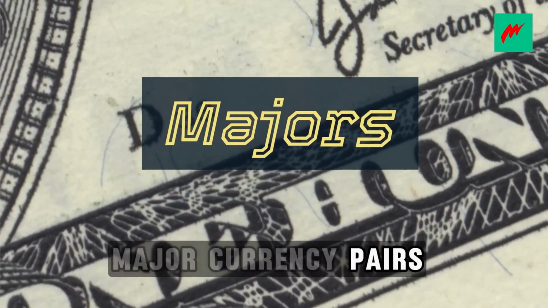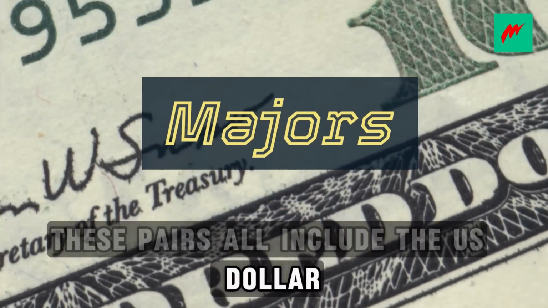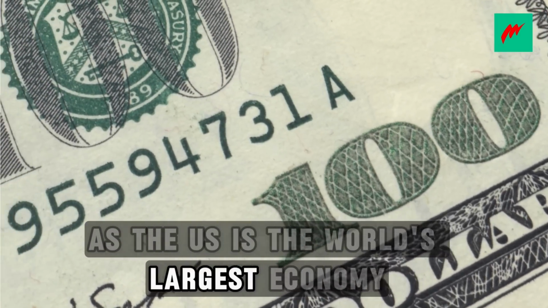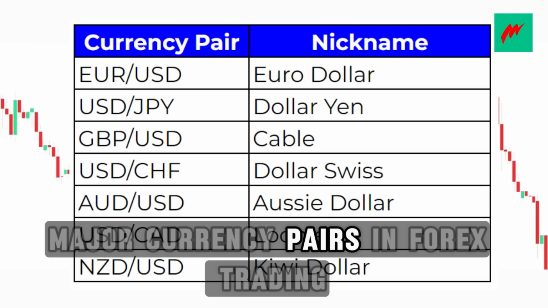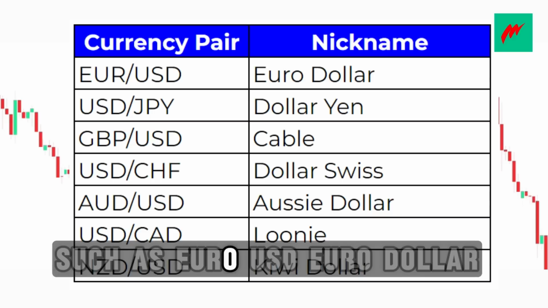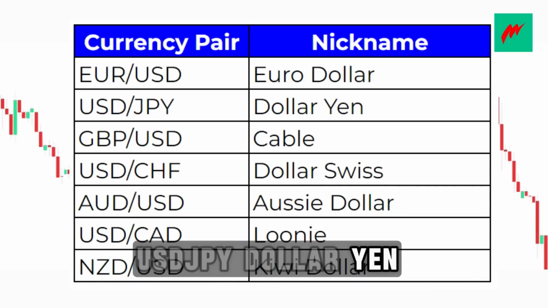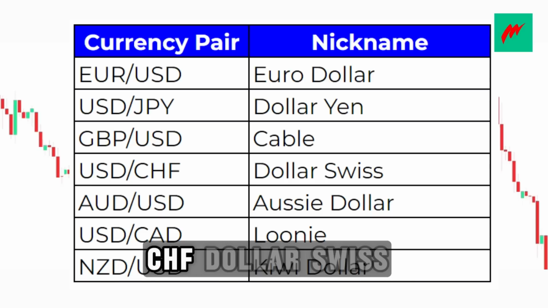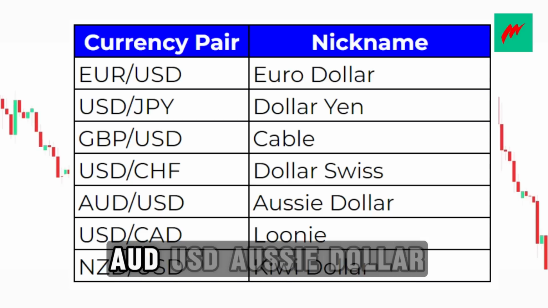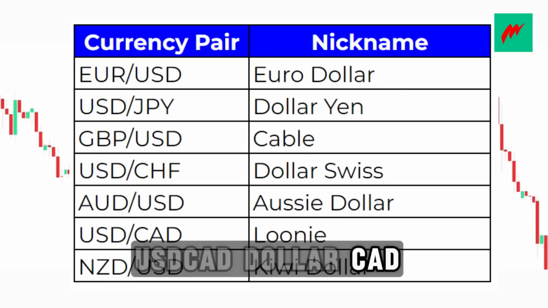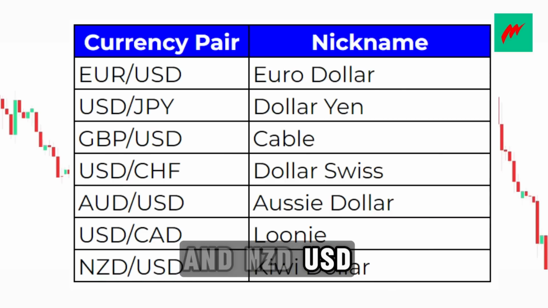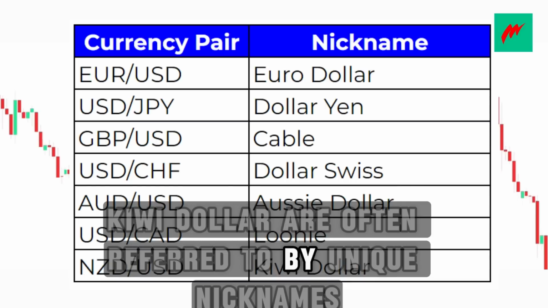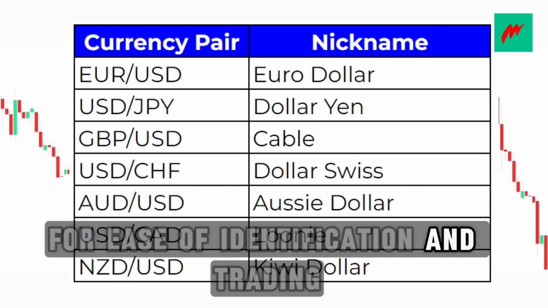Major currency pairs. These pairs all include the US dollar, as the US is the world's largest economy. Major currency pairs in Forex trading, such as EUR/USD, Eurodollar; USD/JPY, Dollar Yen; GBP/USD, Pound Dollar; USD/CHF, Dollar Swiss; AUD/USD, Aussie Dollar; USD/CAD, Dollar CAD; and NZD/USD, Kiwi Dollar, are often referred to by unique nicknames for ease of identification and trading.